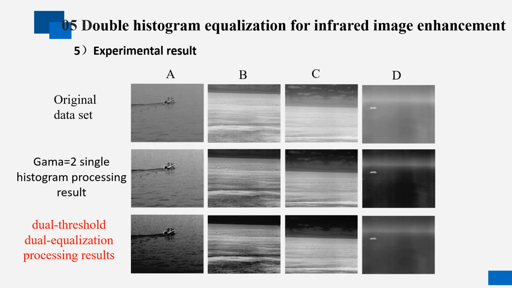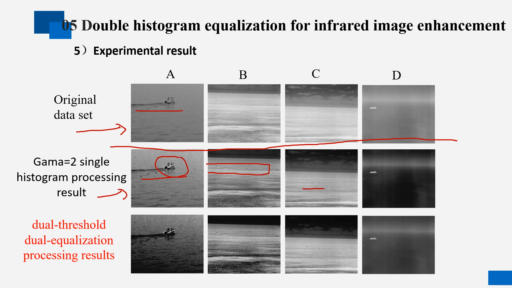Here is a clear visual explanation of our images. We can see this is our original image in this row, and if we apply single histogram equalization and gamma correction on them, we get this result. The shapes are brighter, objects are a bit more visible, and there are objects that are brighter but we can see them.